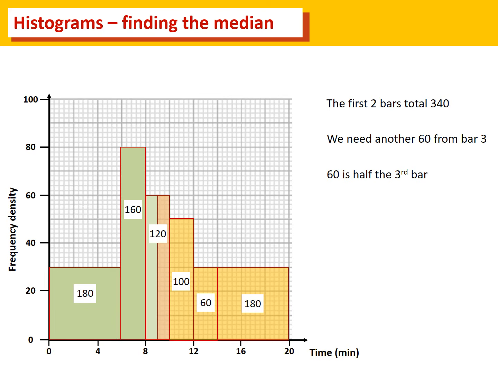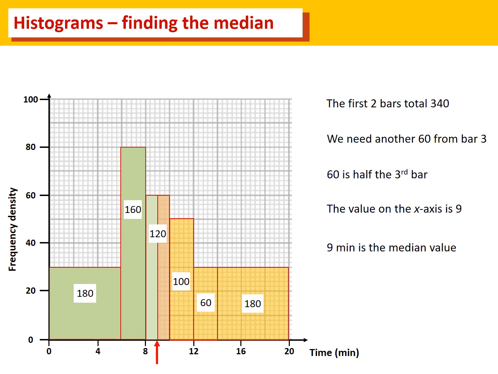And therefore, half that bar will give us a value on the x-axis of half the width of that bar. Now, the width of that bar is from 8 to 10, so that arrow is pointing at 9. 9 is the median because it's the value from which below 9 you can see the green area there is 400, and above 9 the area is 402.